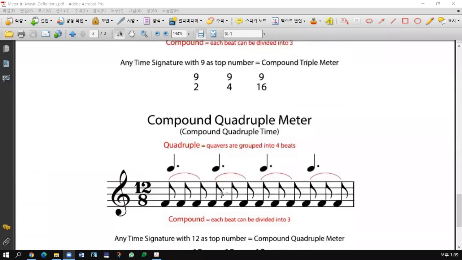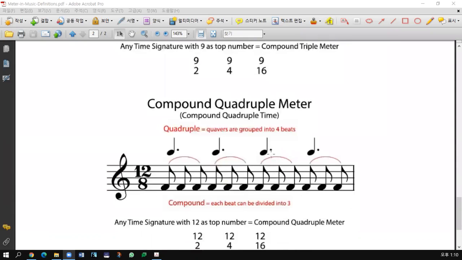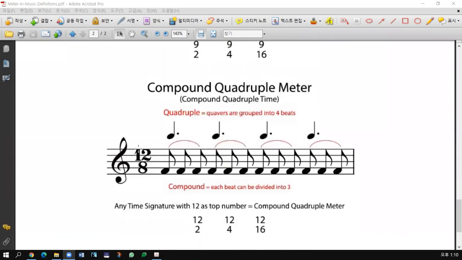And then here we have compound quadruple meter. Quadruple means 4, right? So if you see here, it is 12/8. 12/8: 12 beats in each measure, and the eighth note gets 1 beat, right? So 1, 2, 3, 4, 5, 6, 7, 8, 9, 10, 11, 12.